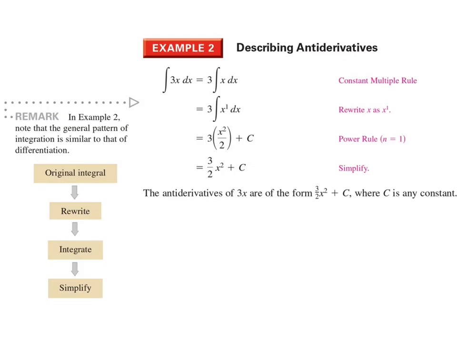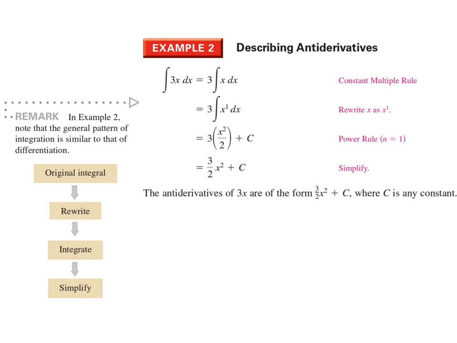So let's work through describing an antiderivative and how you take that. Let's say you're given this original problem right here. We've got the integral symbol and you have 3x times dx. So we're looking for the original equation that when you take the derivative results in 3x. What you can do is take out the constant multiple 3, move it on the outside, and that will multiply by whatever you find the integral to be.